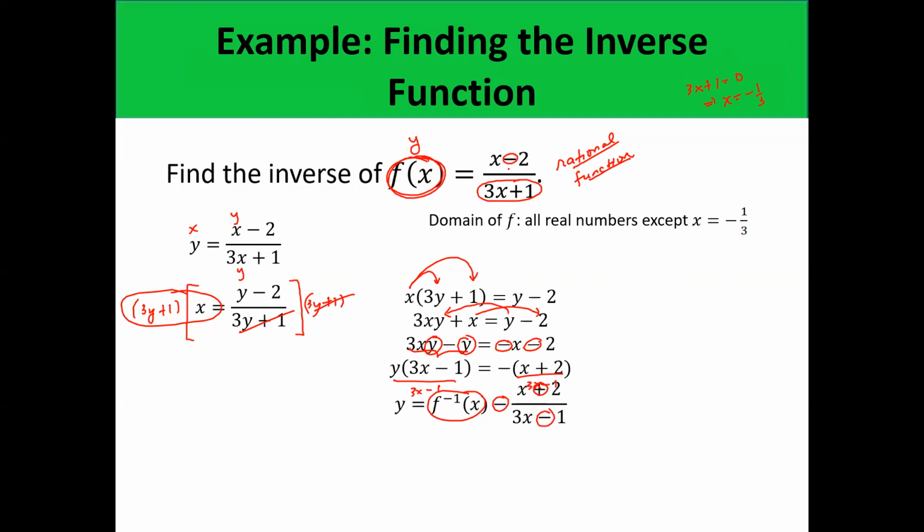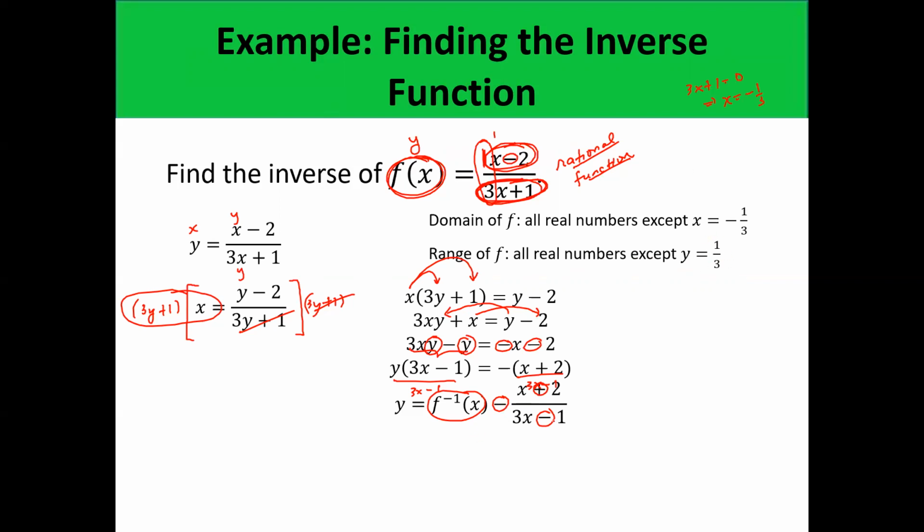In rational functions, the range of f will depend on the degree of the numerator and the degree of the denominator. Since the degree in the numerator is 1 and the degree in the denominator is also 1, the degrees are equal, so the range will be the set of all real numbers except the y value equal to the quotient of the leading coefficients. So 1/3 is the exception: all real numbers except y = 1/3.